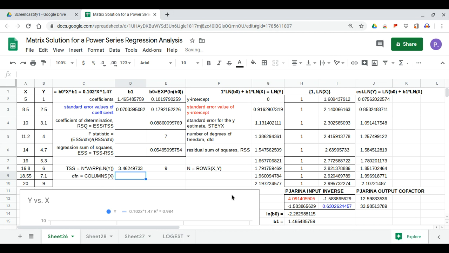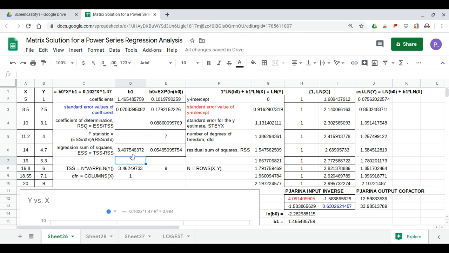And we calculate the degrees of freedom of the numerator, which is the columns of the independent variable. We only have one independent variable. Now we can calculate the regression sum of squares, which is equal to TSS, the total sum of squares, minus RSS, the residual sum of squares.